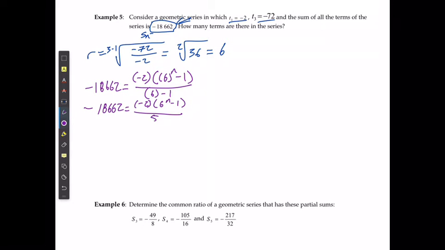Now I'm going to multiply both sides by 5 to get rid of the denominator.